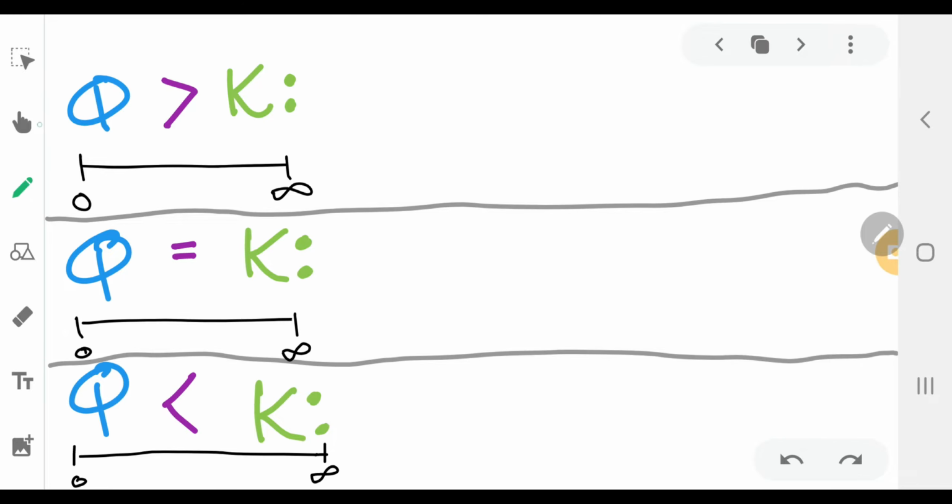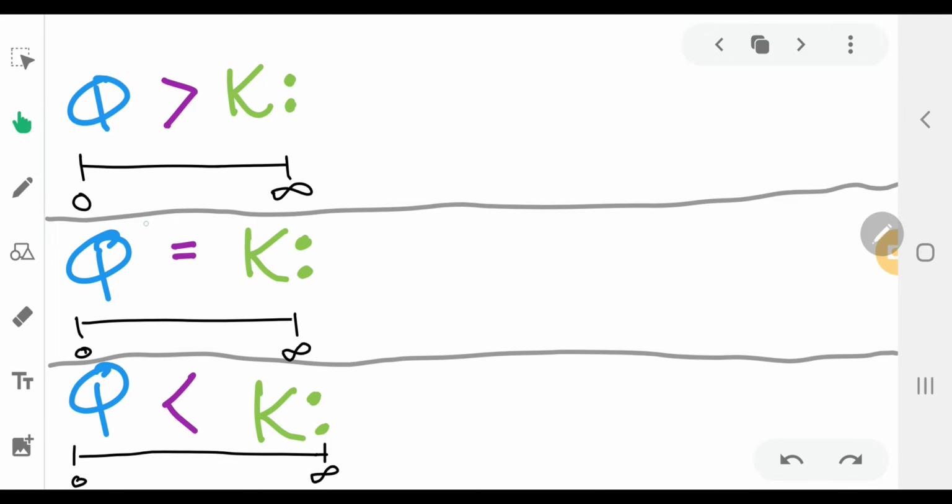There are three situations that you might encounter when you solve problems about Qc and Qp compared with Kc and Kp. Let's have a look at the first one on top over here. When you have the value of Q bigger than K, which way does the reaction move? Is it to the left-hand side or the right-hand side?